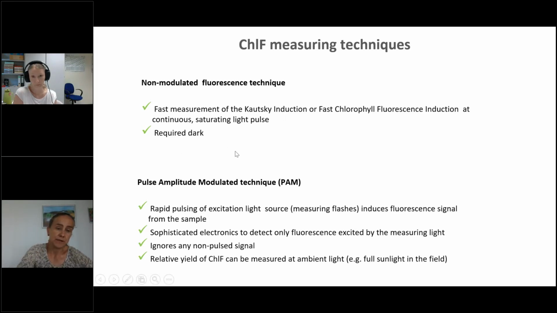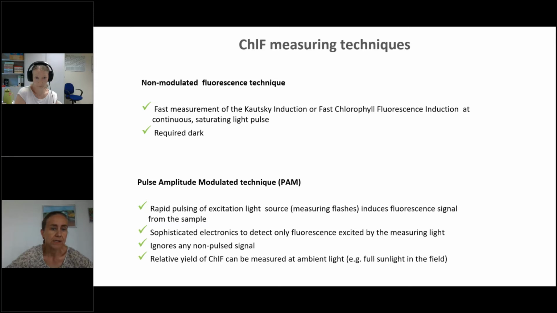And this I will mention briefly in the next few slides, and mostly I will talk about the pulse amplitude modulated technique, which is based on using a rapid pulsing light source, measuring flashes that specifically induce a fluorescent signal from the sample.